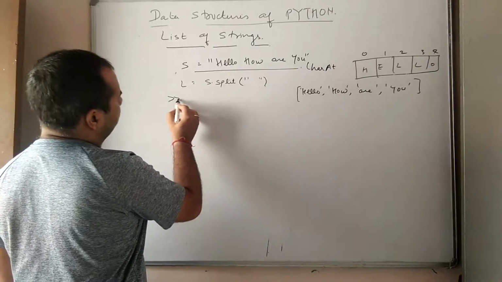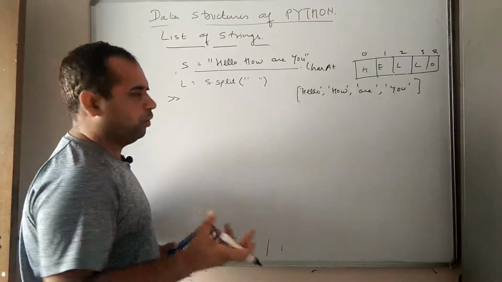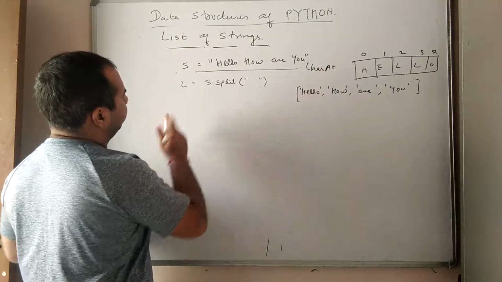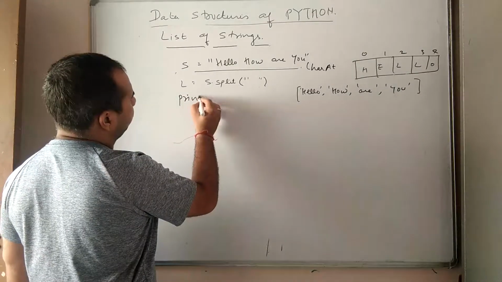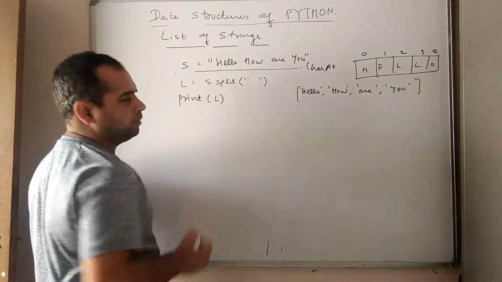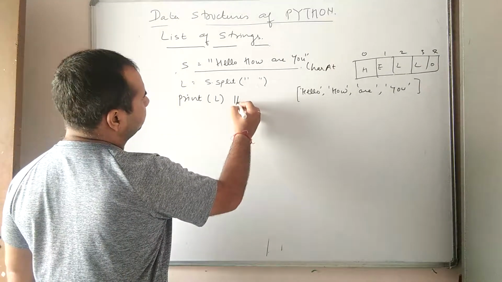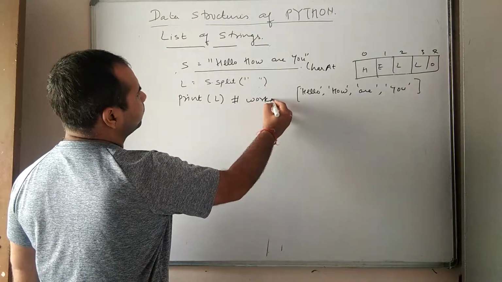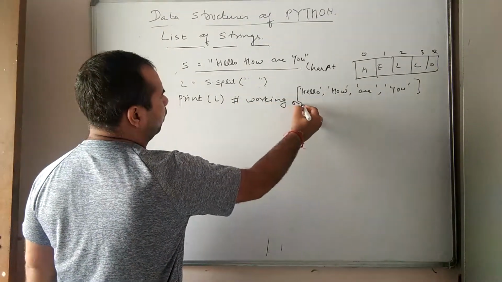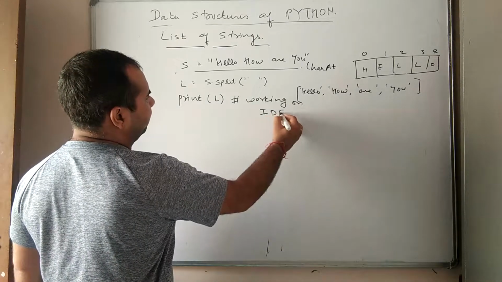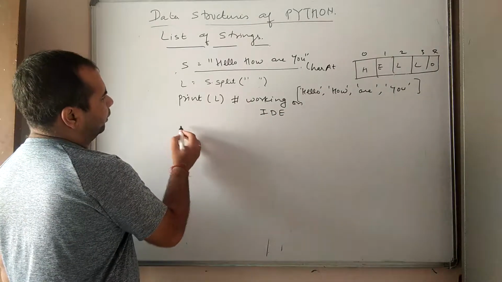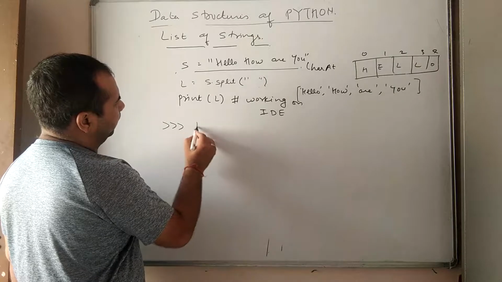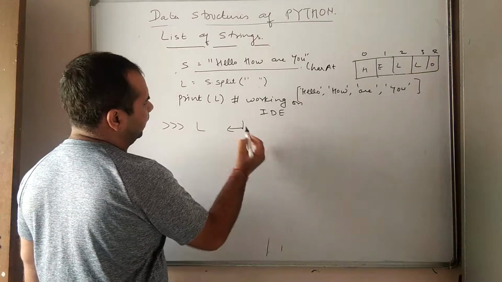To see that, you can use print of l if you are working in an IDE, that is integrated development environment, or if you are working on the command prompt, you simply write l and press enter.